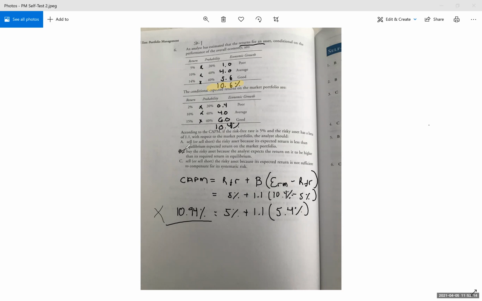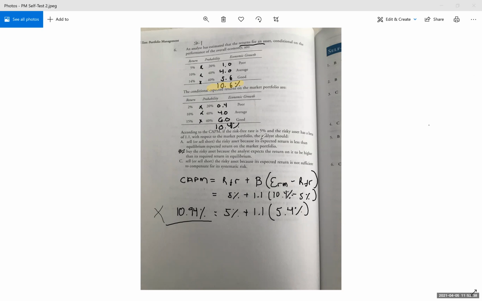All right, so let's talk about why. So choice A, we're going to sell or sell short. It doesn't matter. It's the same thing. We're going to sell the risky asset because its expected return is less than the equilibrium expected return on the market portfolio. Sounds okay?